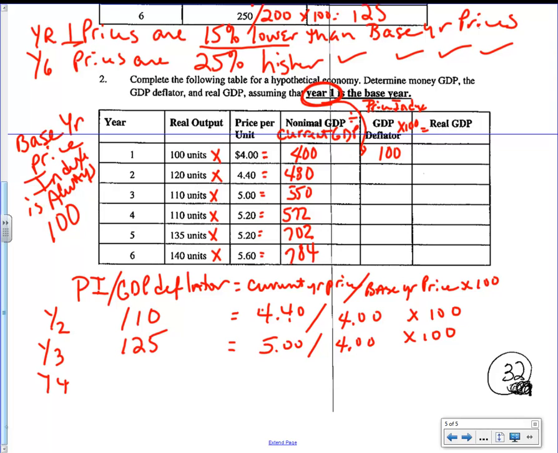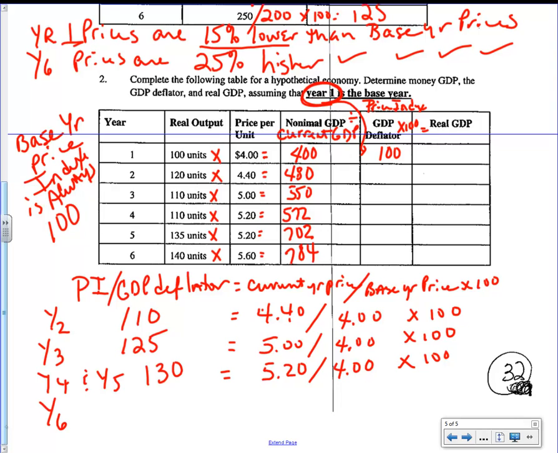Year 4 and year 5. Both years the price is $5.20. Base year price is $4. Multiply through by 100 to get rid of the fraction. So both years 4 and 5, we have a price index of 130.